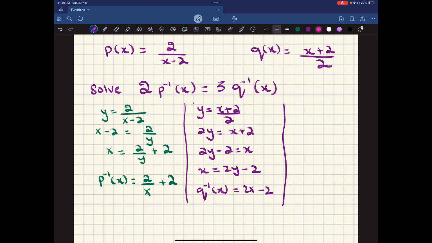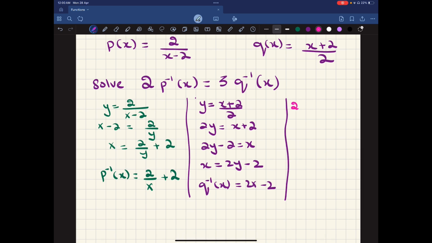What are we going to do? We are going to make substitutions. So in place of p inverse of x, we are going to substitute this. And in place of q inverse x, we are going to substitute the value of q inverse x. Let's write it down. So 2 times, what is p inverse of x? 2 over x plus 2 is equal to 3 times 2x minus 2.